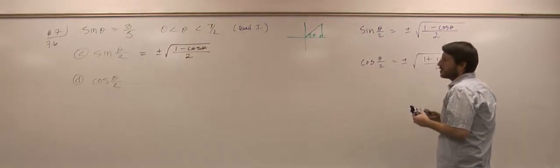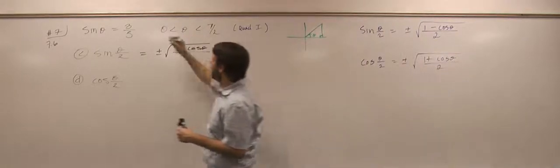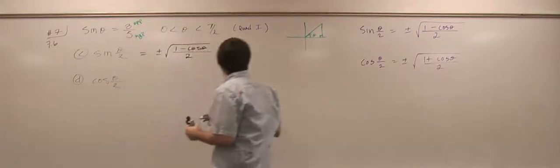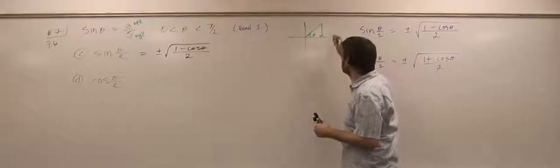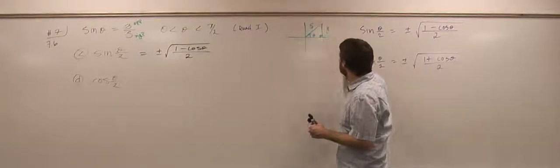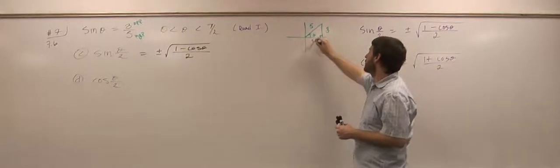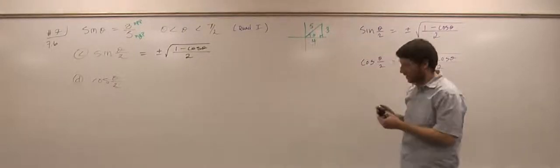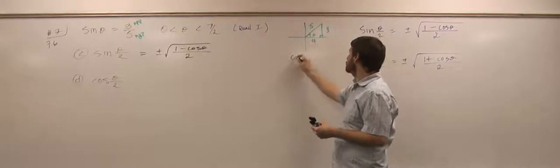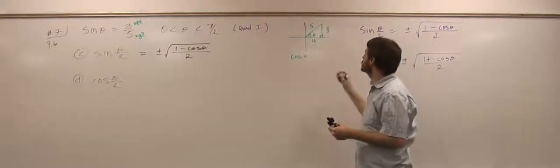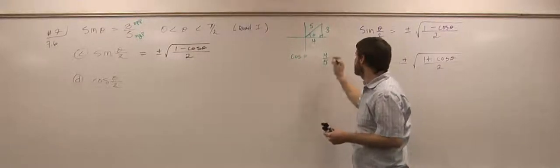And we know sine, which is opposite over hypotenuse, should be 3/5. And then if we do the Pythagorean theorem, what's this last side? 4, right? 3, 4, 5 right triangle. So we can calculate quickly that cosine of theta is adjacent over hypotenuse, which is 4/5.